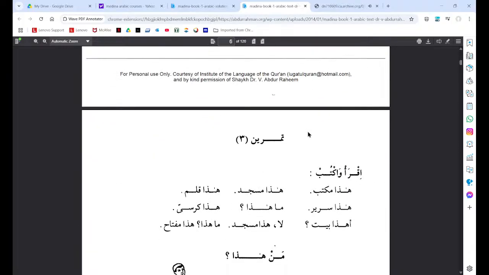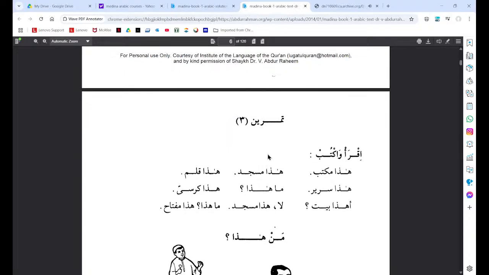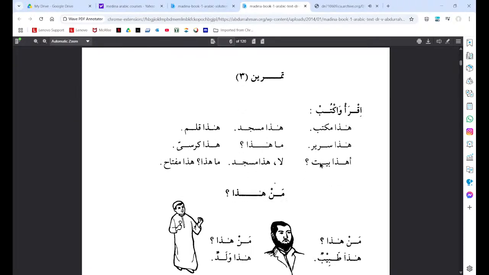But when we get here to Tamreen al-Thalith, the third exercise, they do now want you to ikra, again, the fi'lun amr. Ikra, read, waktub, read and write. As these words repeat, they have now removed the harakat.